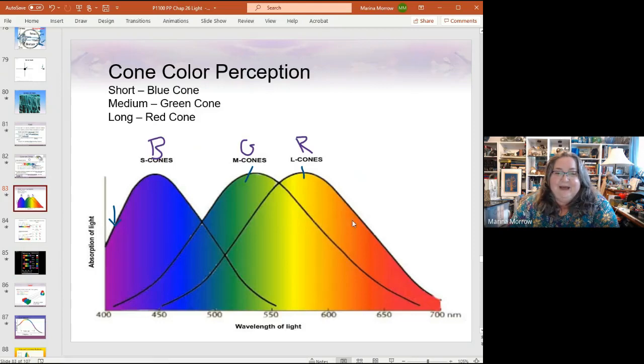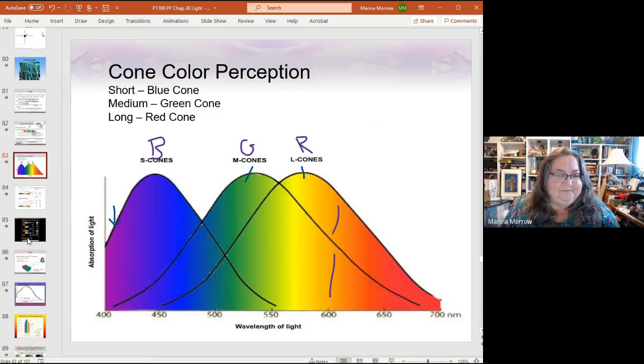Orange is detected by the red cone and by the green cone. But if you get a stronger signal in the red, that's going to shift it over from just the yellow, which is also seen by both of them. So there's a huge overlap between the green and the red cone.